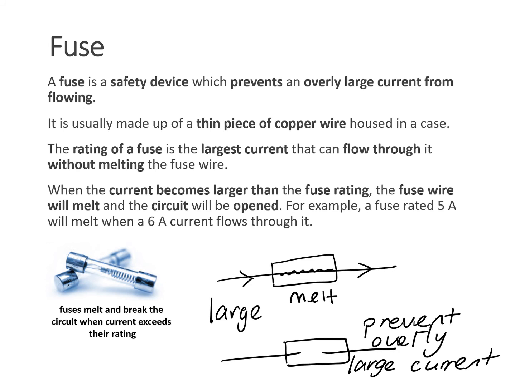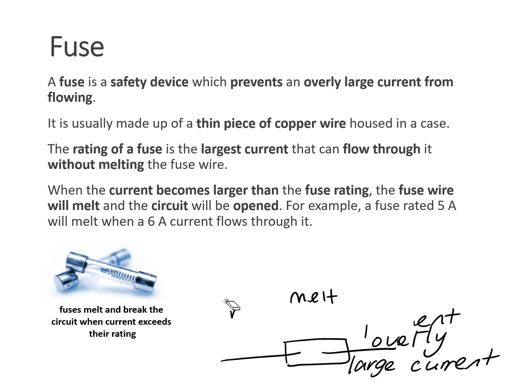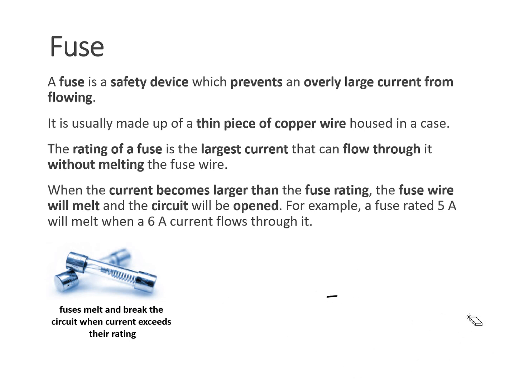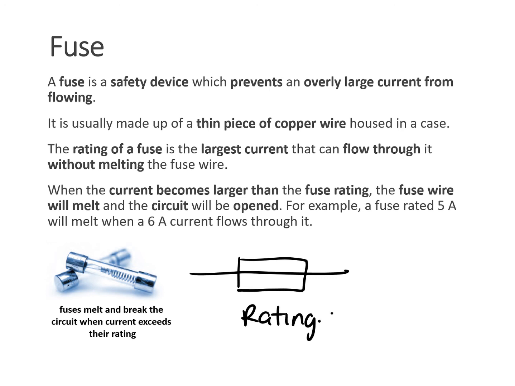Now every fuse has what we call a fuse rating. So what is a fuse rating? For example, I have a fuse. There are different types of fuse rating. Say for example, if the fuse rating is 1 ampere, that means the largest current that can pass through is 1 ampere.